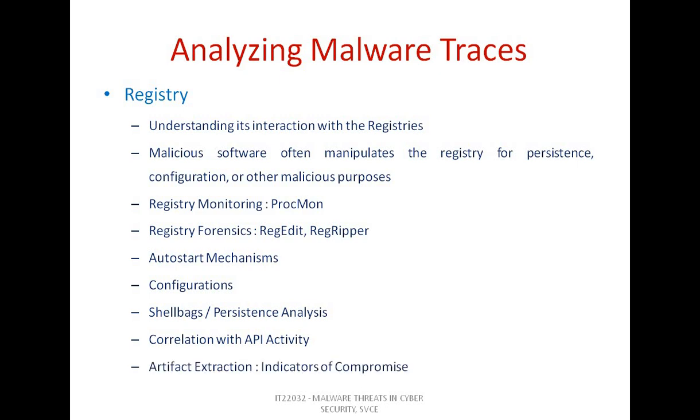And artifact extraction is mainly used to extract and analyze registry artifacts for identifying compromise indicators, which can be either future threats or current threats in your system, due to the presence of rootkits or a vulnerability which is yet to be finalized.